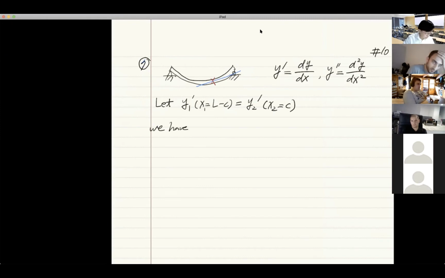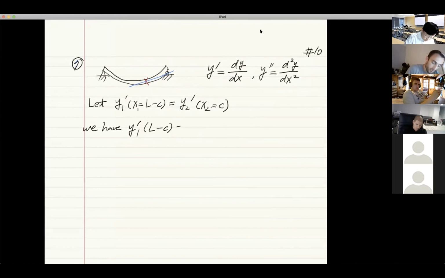If you let this be true, then y1 prime when x equals L minus c will simply become B times K times cosine K times (L minus c), minus Q times c, it's actually Q times (L minus c) over PL.